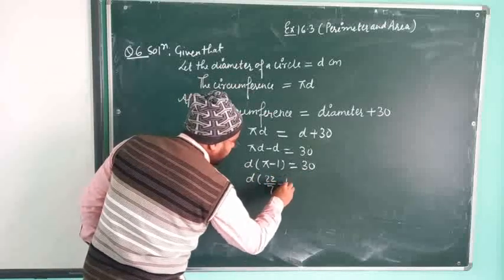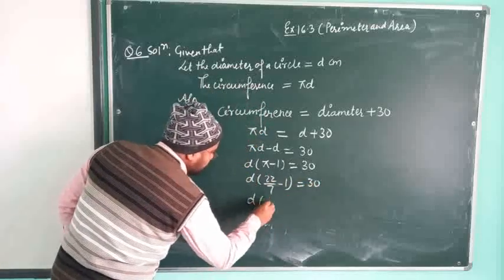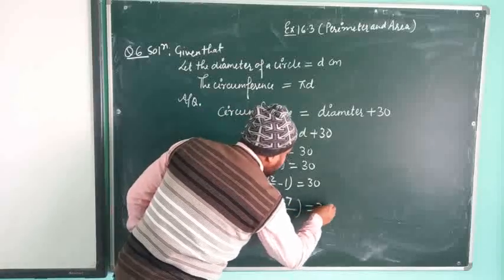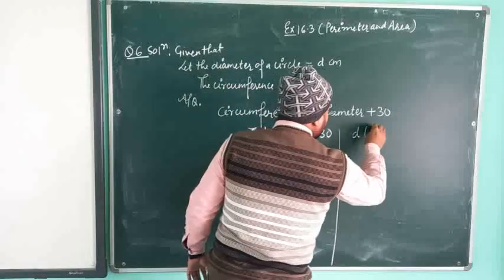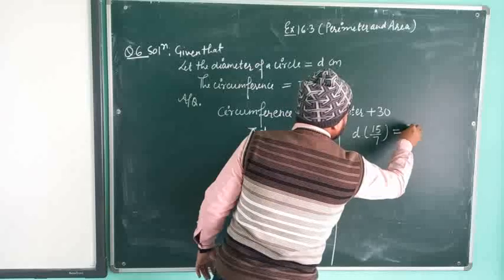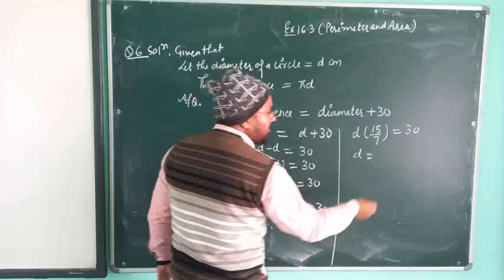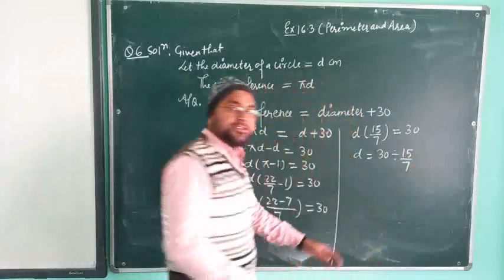We know that pi is equal to 22 upon 7. So d into 22 minus 7 upon 7 is equal to 30. So d into 15 by 7 is equal to 30. We know that d is multiplied by 15 by 7. If you transpose it to the other side, multiplication changes into division.